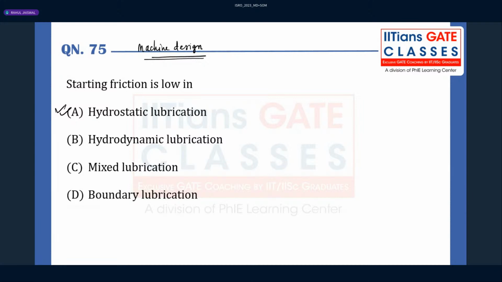See, in bearings we have a lot of types, right? I will discuss in the next segment when we start the 2016 paper of ISRO. In that, I will take a small session for types of bearing. Here we have mainly two types of bearing. One is a sliding contact bearing, other is a rolling contact bearing.